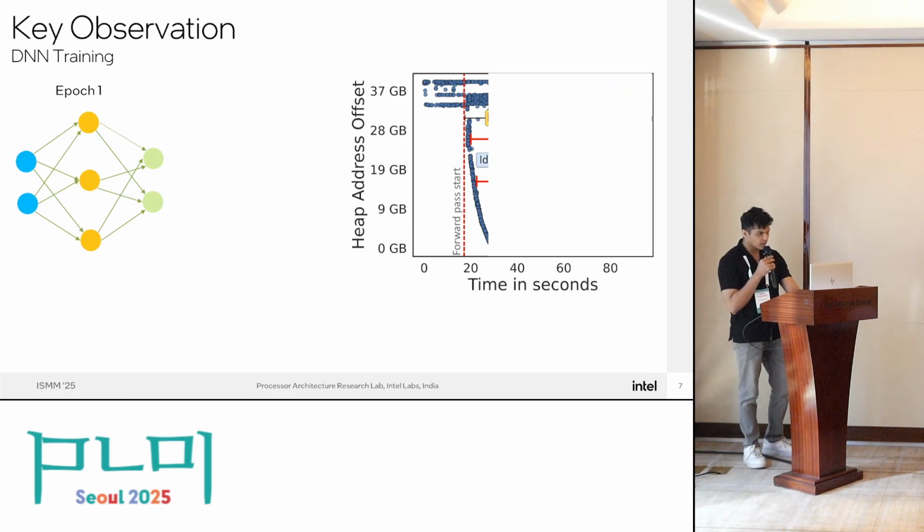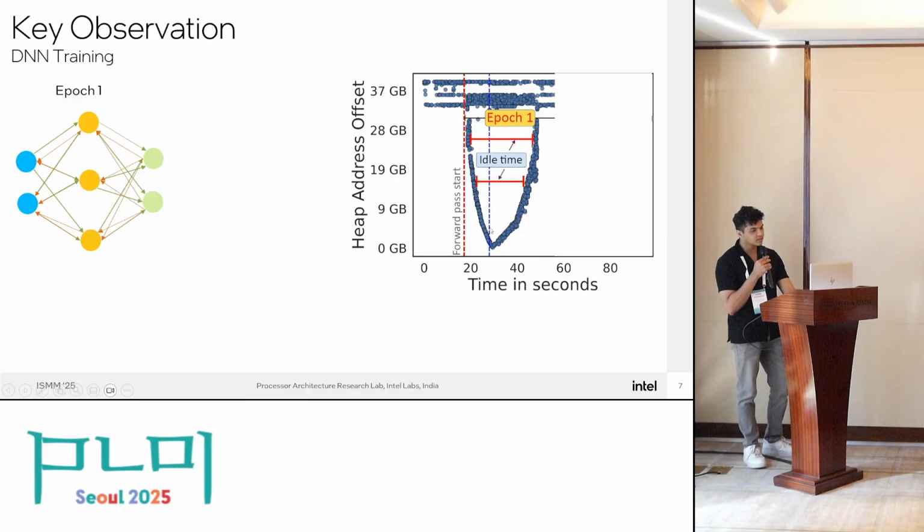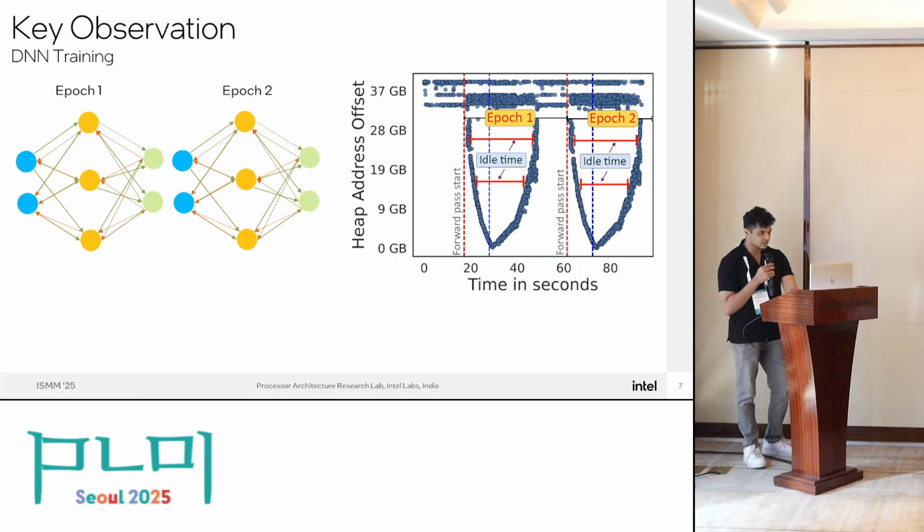During the forward pass of a single epoch, a bunch of pages get accessed in this fashion. And during a backward pass, these pages get accessed again. So basically, a lot of tensors are being produced in your forward pass, which are again being accessed in the backward pass. And the same thing happens in the second epoch too.